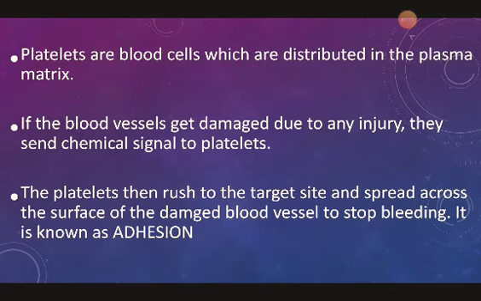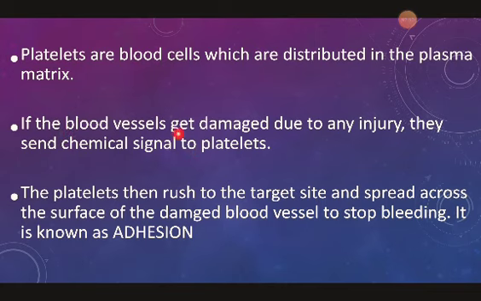Now, these platelets are triggered when any part of the vascular system gets ruptured or damaged. The platelets receive a signal from the target site, known as a chemical signal.